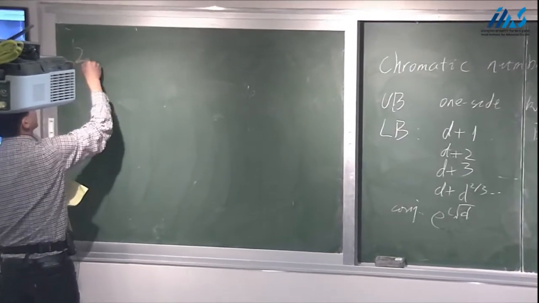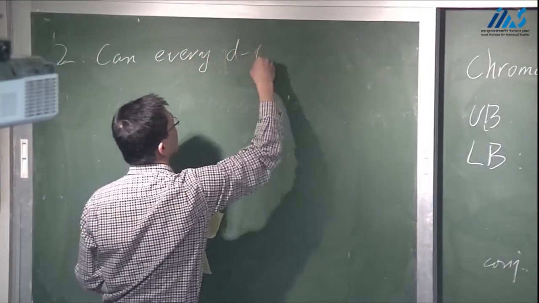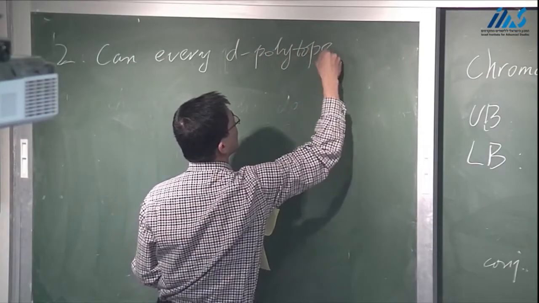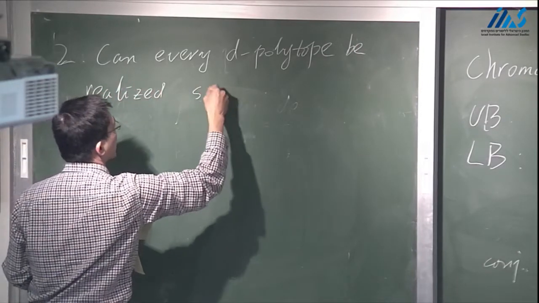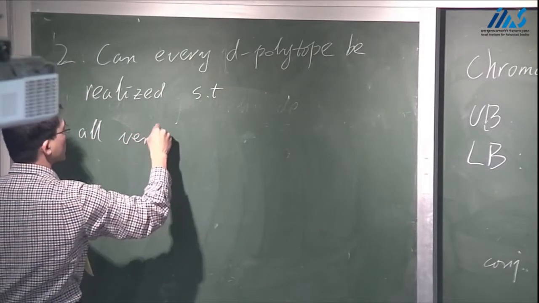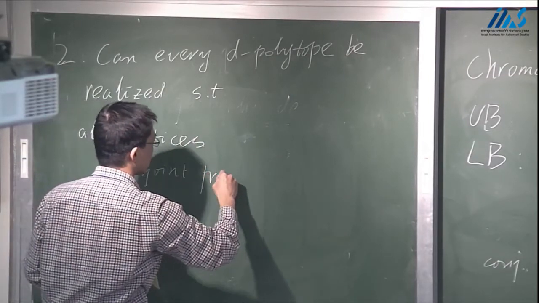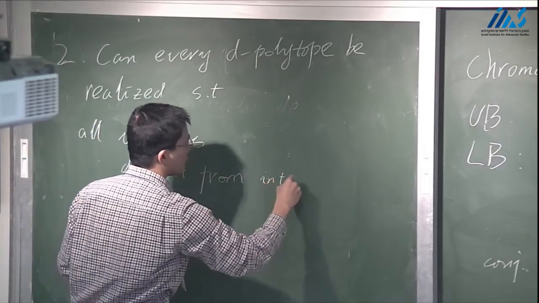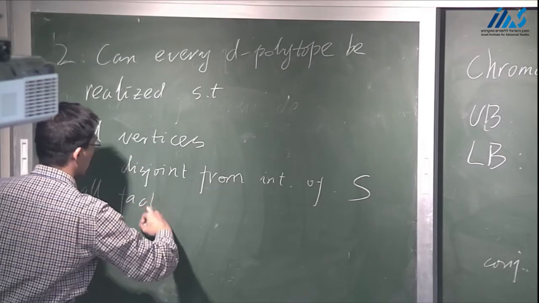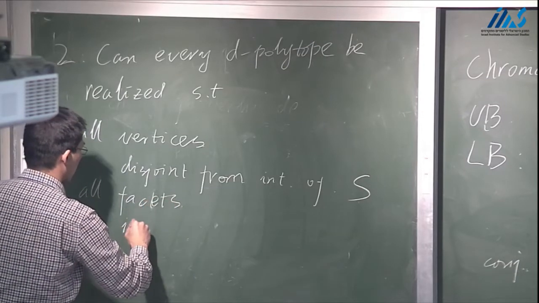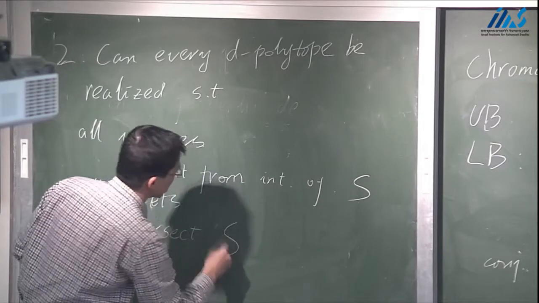So problem 2. Can every d-dimensional polytope be realized such that all vertices are disjoint from the interior of a sphere, and all facets intersect the sphere?